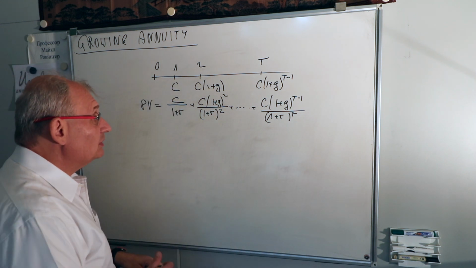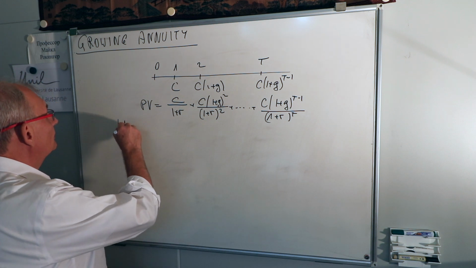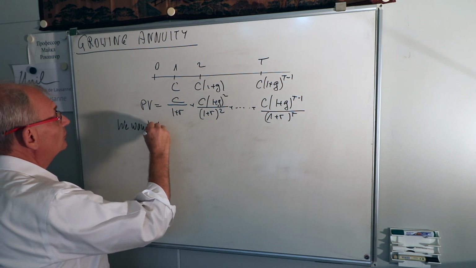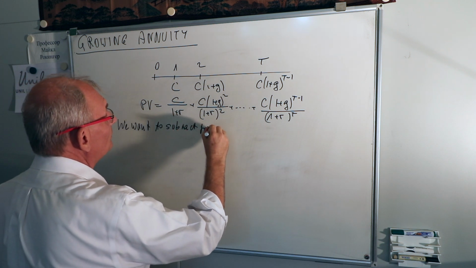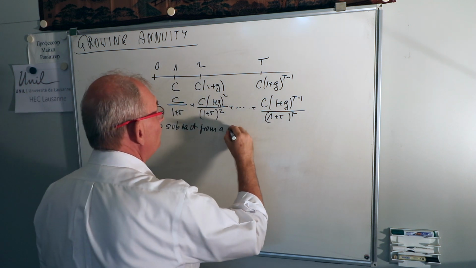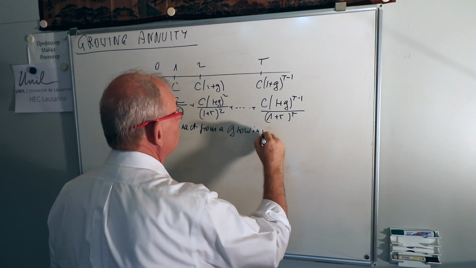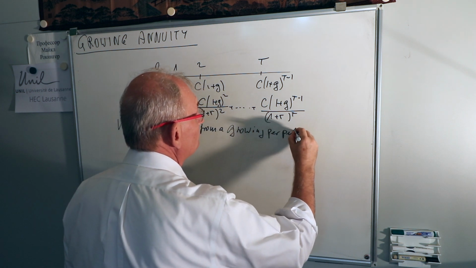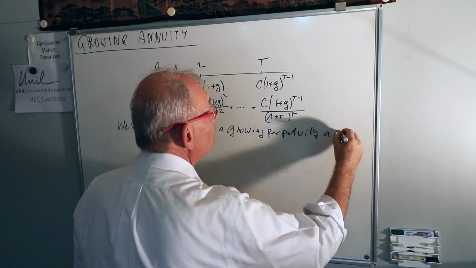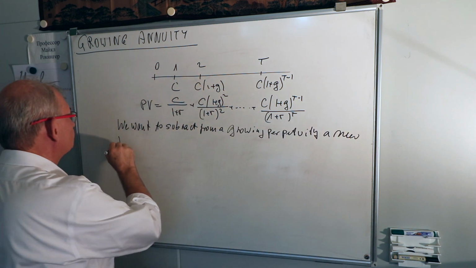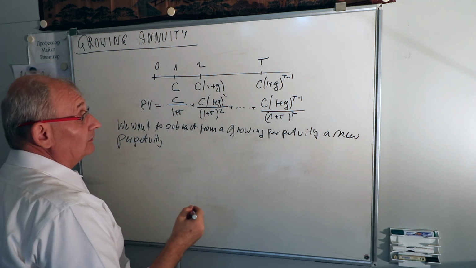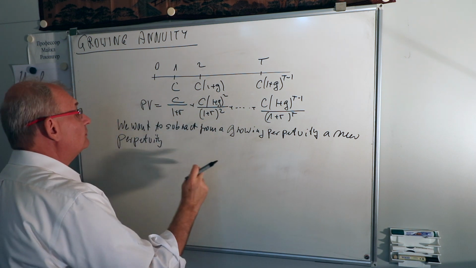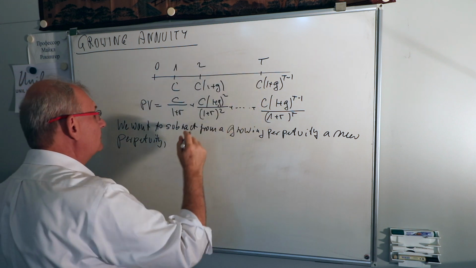And so, in terms of intuition, we want to subtract from a growing perpetuity a new perpetuity. Of what kind? Well, this new perpetuity starts, it's going to be starting here at time T.